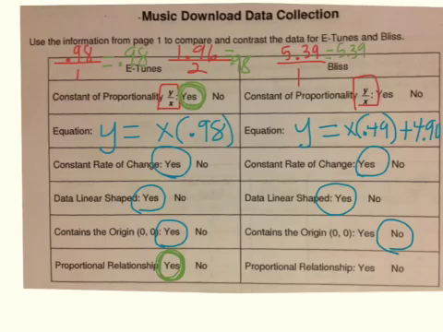So let's check that with the second row in the table for Bliss. The y in row 2 is 5.88, and the x in row 2 is the number of songs, which is 2 songs. If I use my calculator and divide 5.88 by 2, you get 2.94.